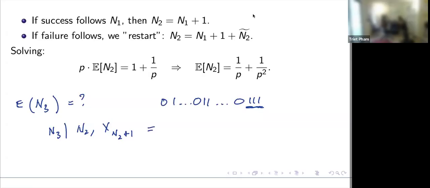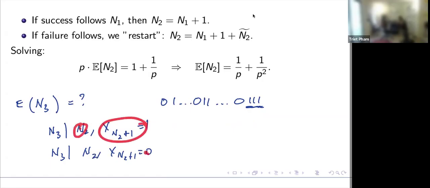So notice, it will be N2 plus 1, correct? Or rather like this. Let me show you. It will condition on this equaling 1, like that. Do we understand? So N2 is a given number. Who knows what that is?